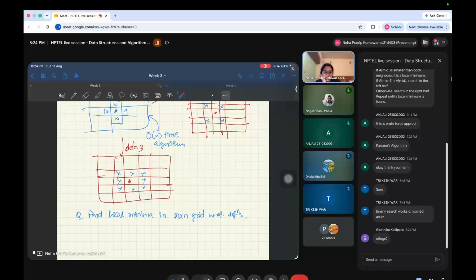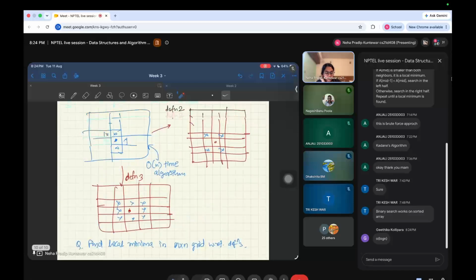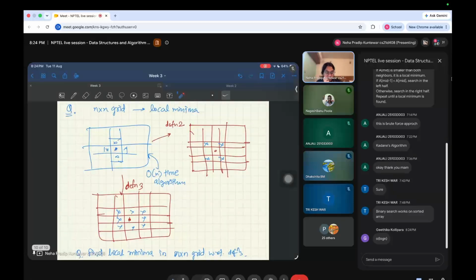By the way, if you can find a local minima with respect to definition 3, that is also a local minima with respect to definition 1, right? If this is minimum among all of these entries, then in particular it is minimum among these entries.